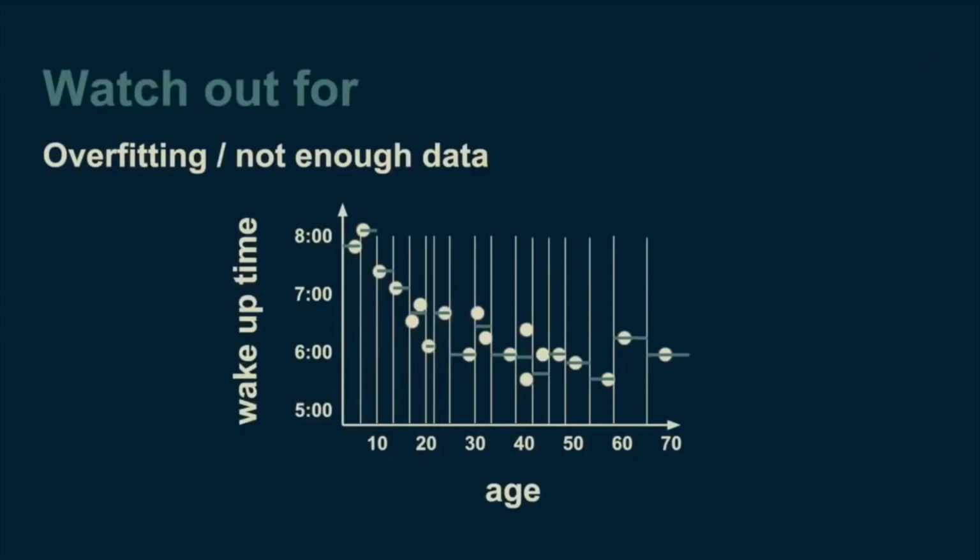Returning to our example of a single variable regression tree, age versus wake-up time, imagine that we continue to make cuts on the age axis until there were only 1 or 2 data points in each bucket. When we get to this point, the decision tree explains and fits the data very well. It fits too well.